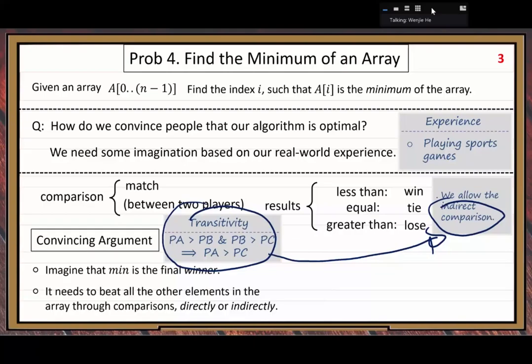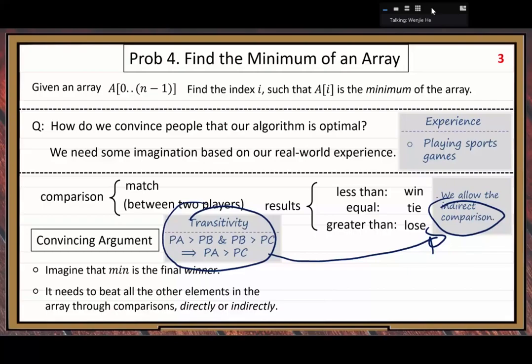Second step. This final winner needs to beat all the other elements in the array through comparisons directly or indirectly. Is it true? Directly, no problem, right? But we allow indirect comparison.